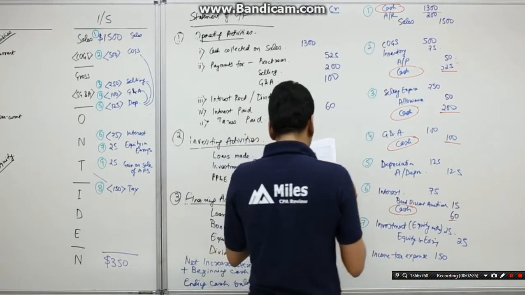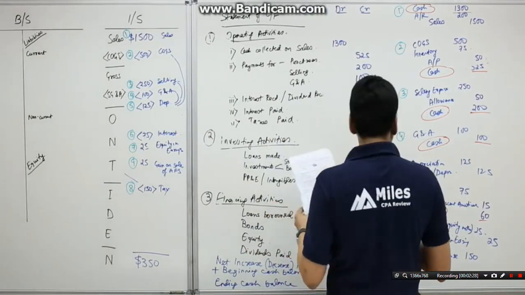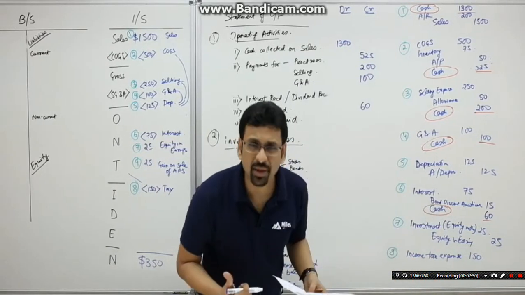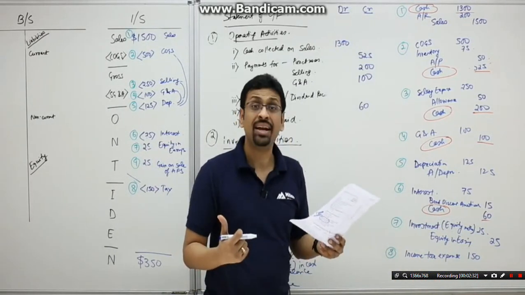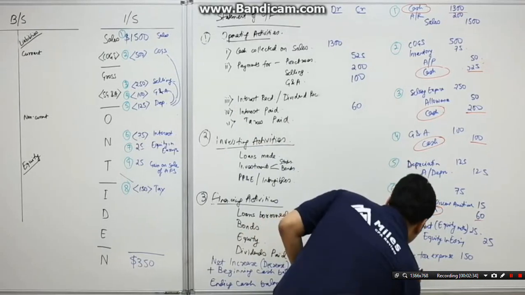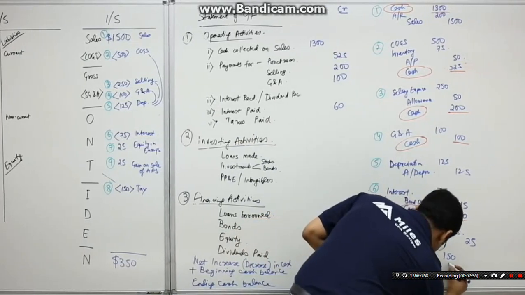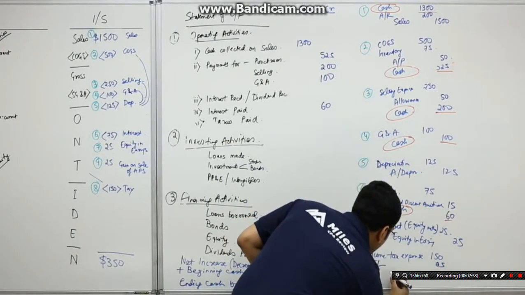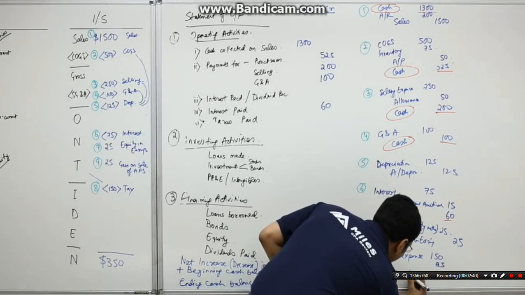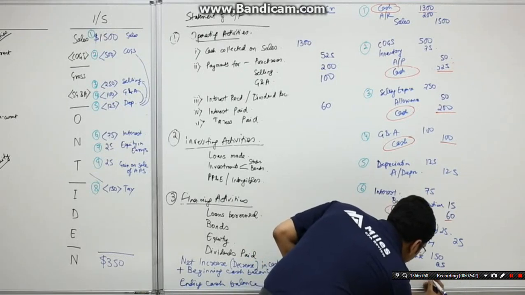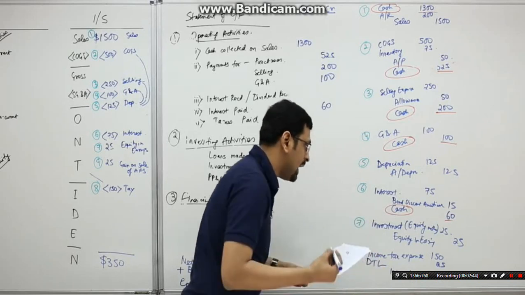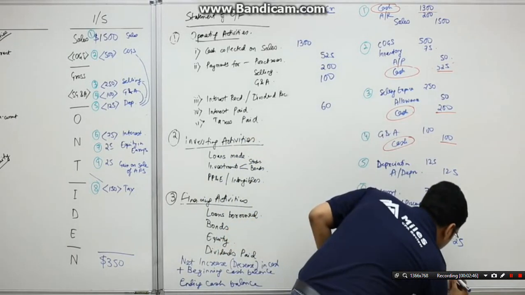Now, deferred tax liability has decreased by 25. Deferred tax liability was a credit number, so a decrease means debit. So DTL 25. Income tax payable has increased. That's a liability, and an increase in a liability means credit 100.